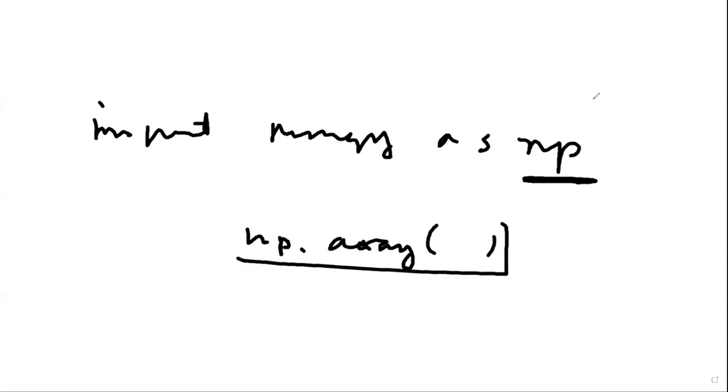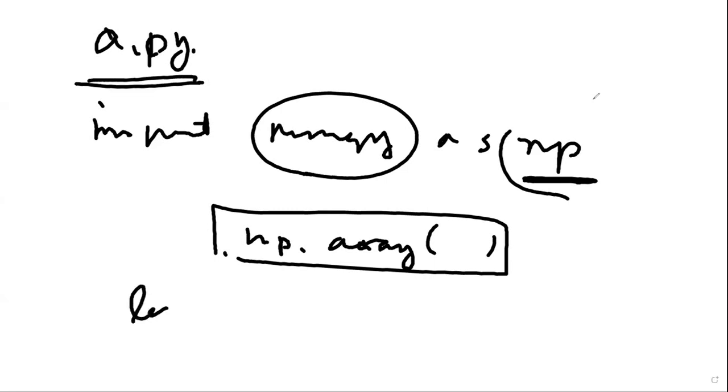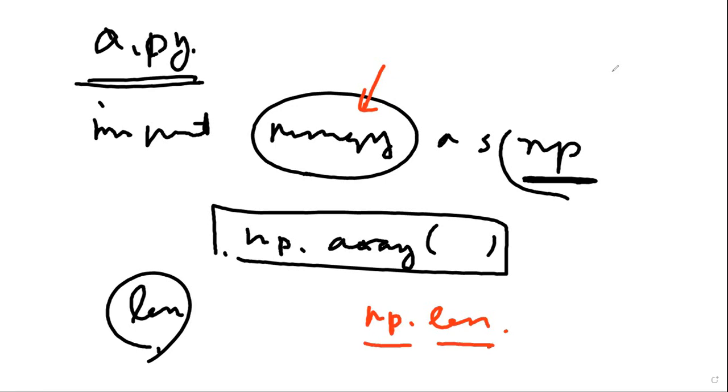You will always say NP.array. Let's assume this is A.py. Your A.py's namespace and numpy's namespace will not merge together. So your A.py, if there is a length function, it still works. It will not be changed by the definition of numpy. But if you want to run numpy's length function, then you have to do np.len. Then you can keep using this. Is that okay? That's the namespace merge and namespace.